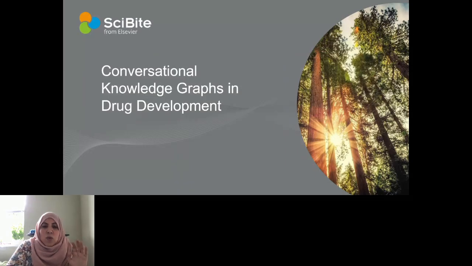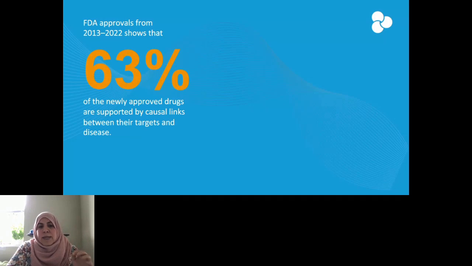So why do we need knowledge graph in drug development? We want to correctly identify the causal link between drug, target, and disease. There is a study that has been done by the FDA, and this study said that 63% of the approved drugs are supported by causal links between their targets and the disease.